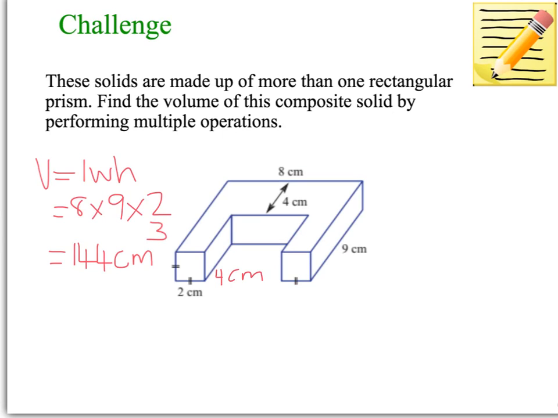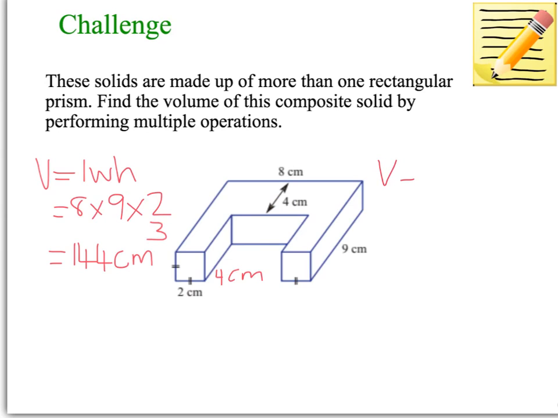Now we need to work out the width of this part here. We know that the width of this solid part is 4 centimeters and the total width is 9 centimeters. So therefore we need to take the 4 centimeters away from the 9. So the width will be 5 centimeters.